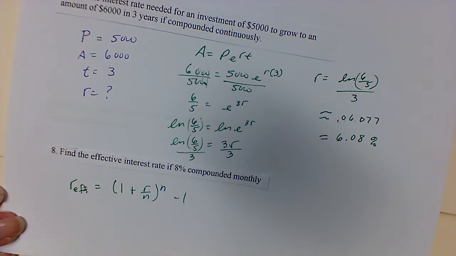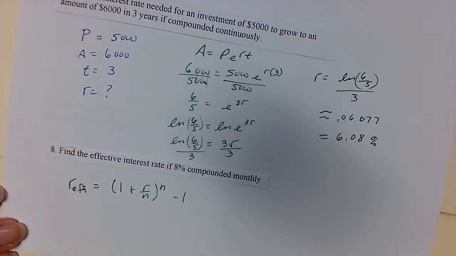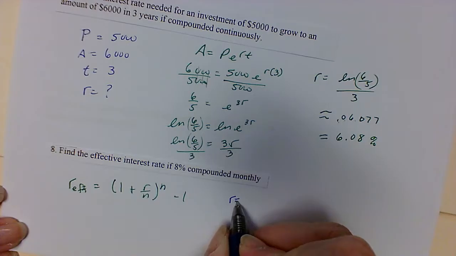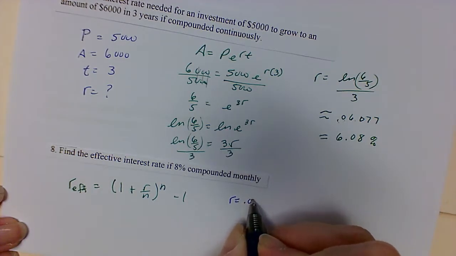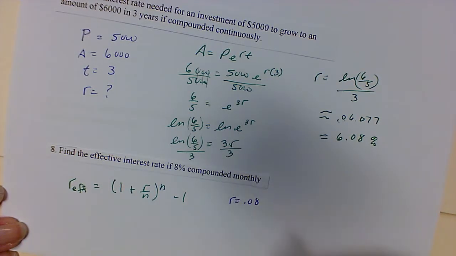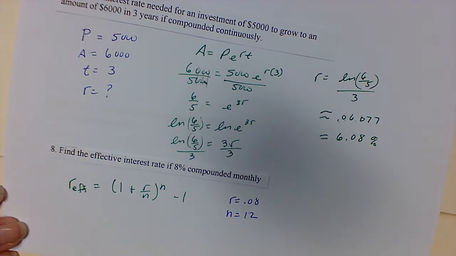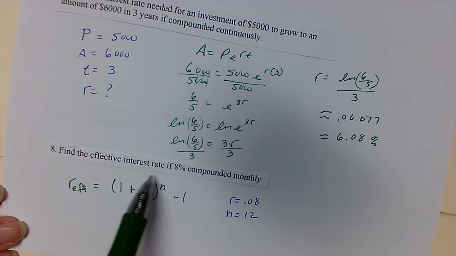So there's a few things that we need to know from our problem here. We know we have an interest rate, which is going to be our r. Our r is equal to 0.08. We're compounded monthly. That's going to be the number of times, so n will equal 12. So in this case, we want to find the effective interest rate.